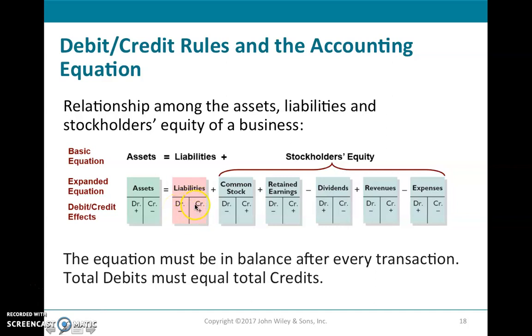So whenever you owe money, you put the number on the credit side, and when you pay off the amount that you owed, you put it on the debit side. If you look at assets, expenses and dividends, they have the same convention. The left side is used for increases, and the right side is used for decreases. Liabilities, common stock, retained earnings and revenues have the same convention, meaning the credit column will show increases and the debit column will show decreases.